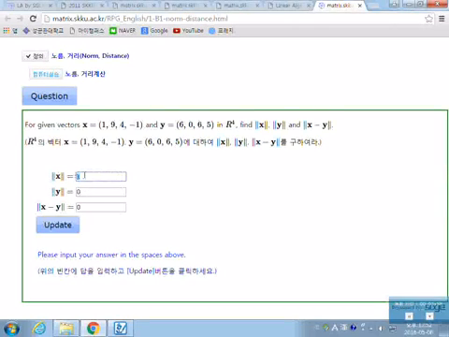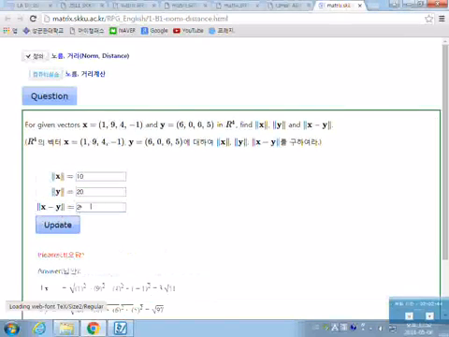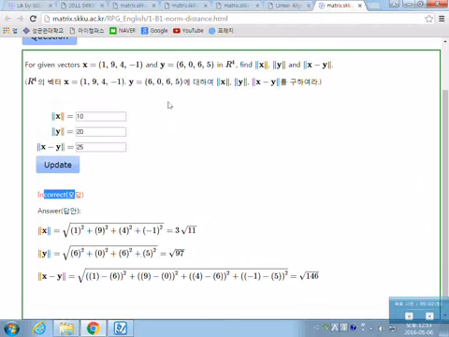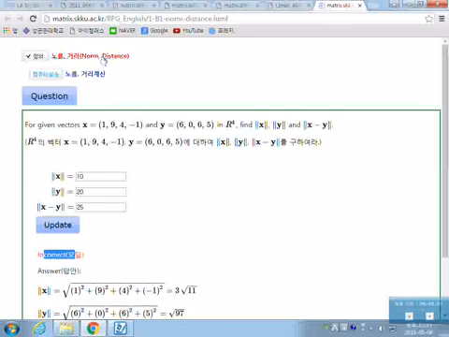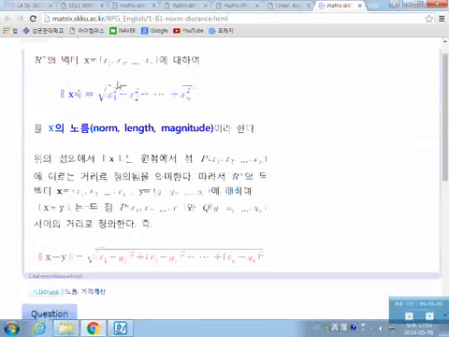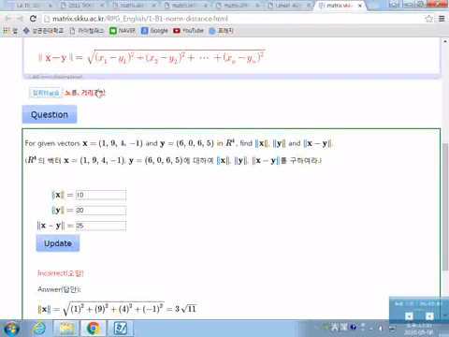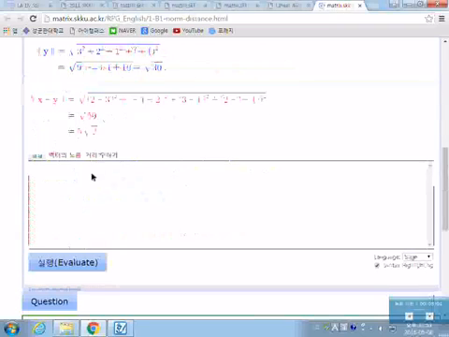For example, here we put 1, 20, 25. Then click these numbers, and we can see our answer is wrong, and here is the right answer with the process. And also for the definition of norms, here are some examples you can try.